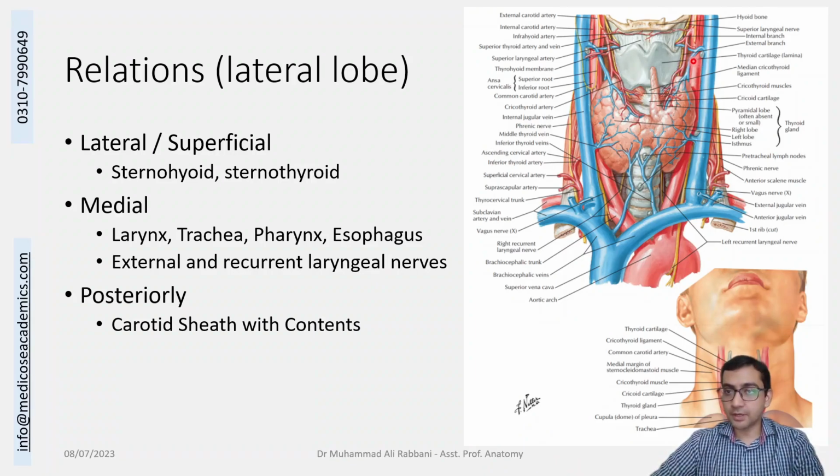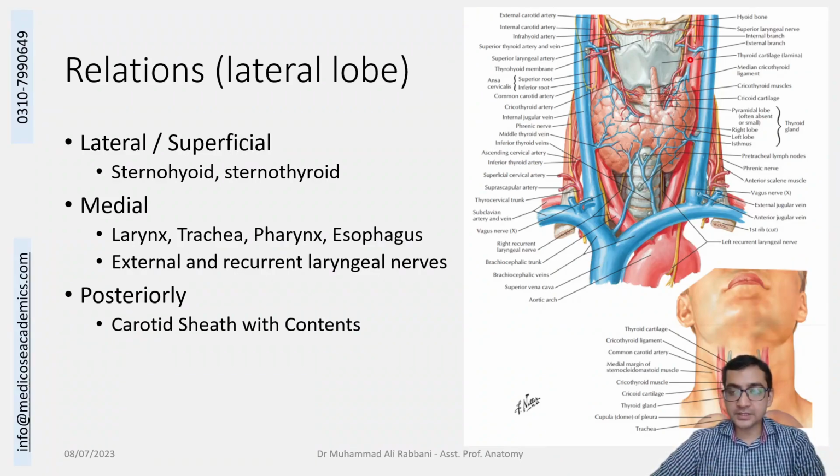The thing to be remembered here is the relation with the nerve. You can see just behind the artery there is the external branch of the superior laryngeal nerve. This is a very important relation to be remembered. During thyroidectomies, you have to ligate this artery.